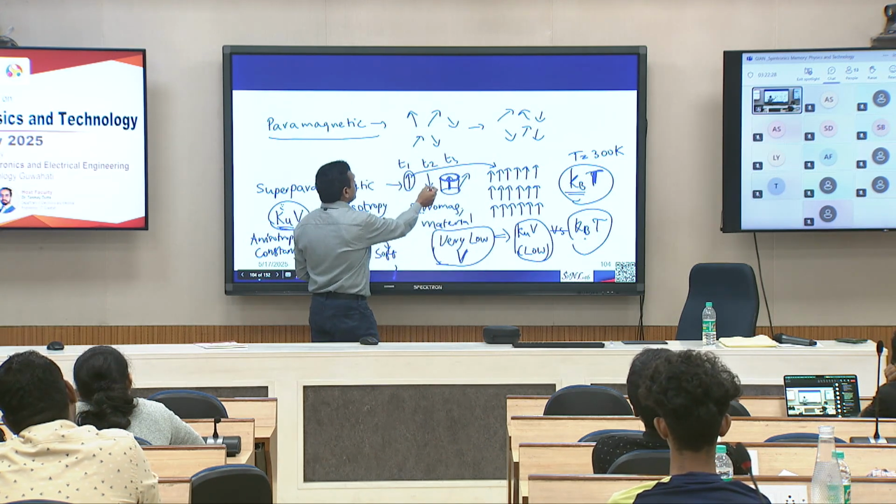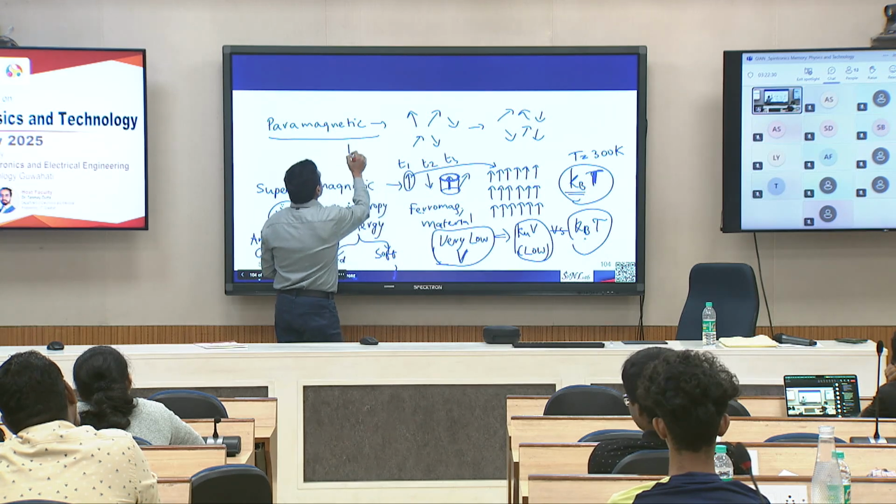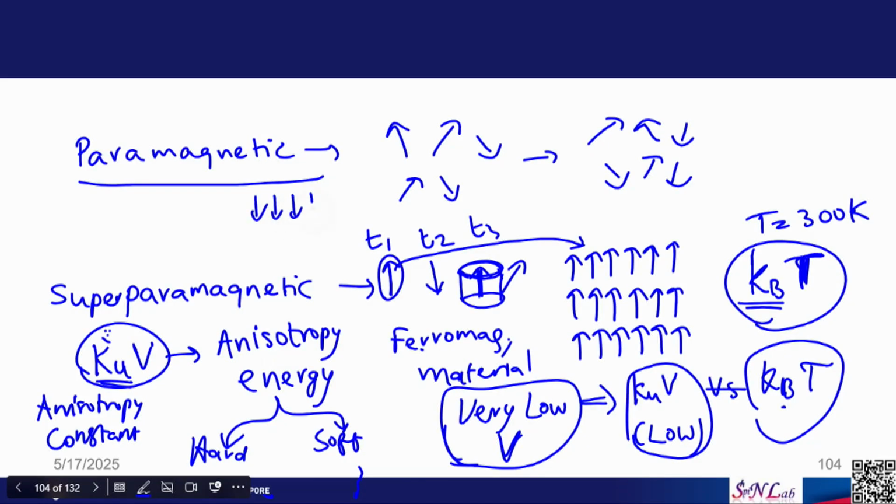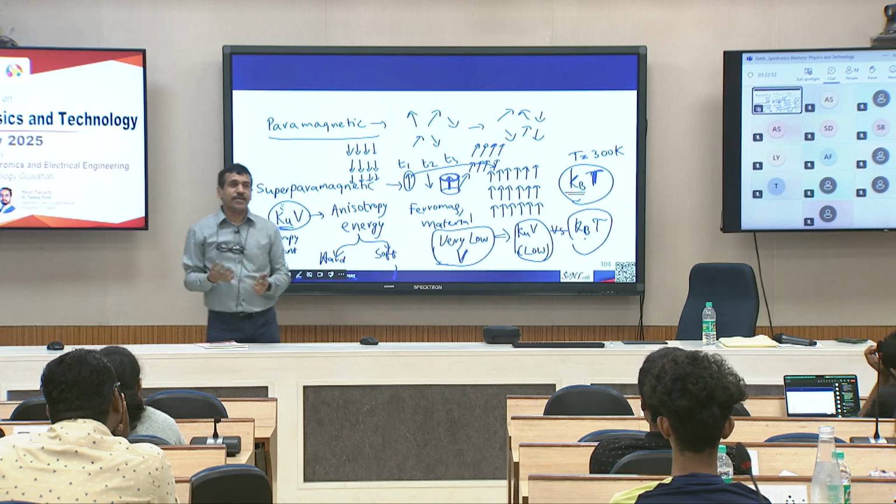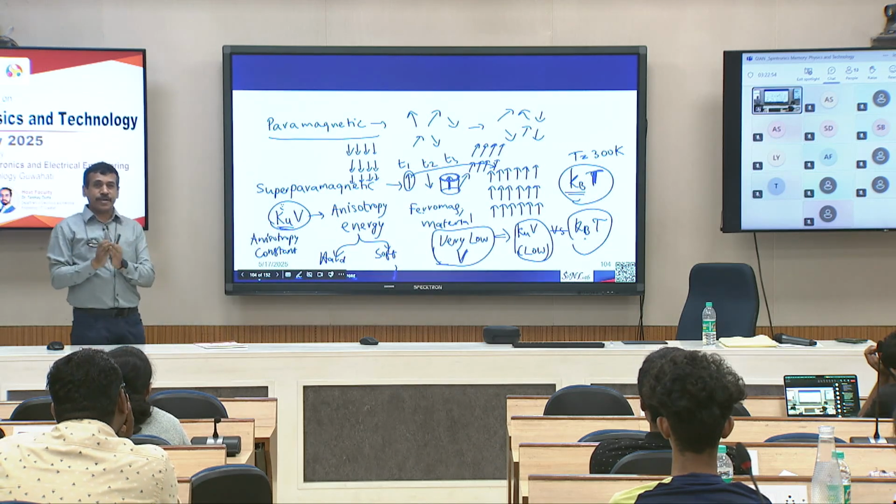At time t2, all the spins are like this. At time t3 all the spins are like this. So, what does it mean? The system is still ferromagnetic. The neighboring spins are parallel.